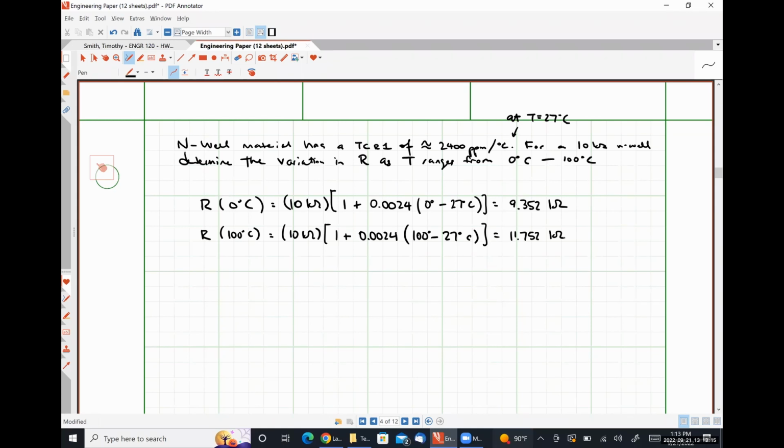But there's a pretty large amount of variance within a relatively standard operating range for an electronic device, okay?